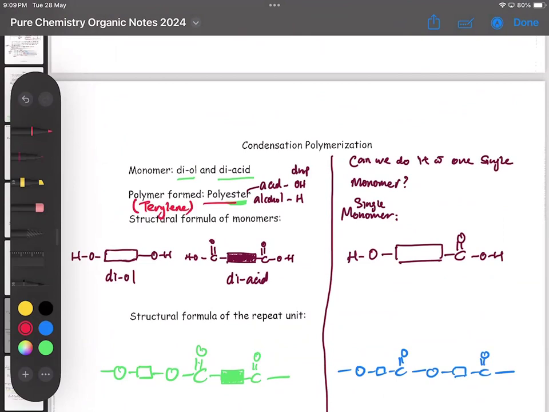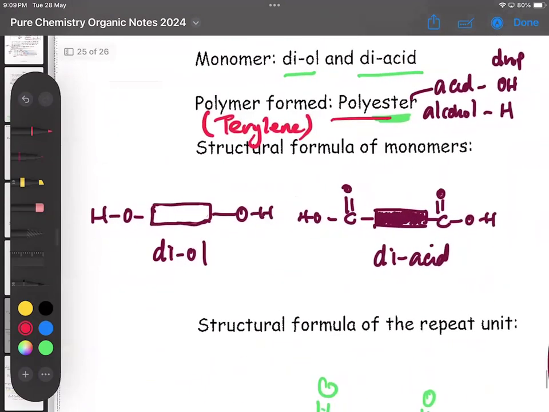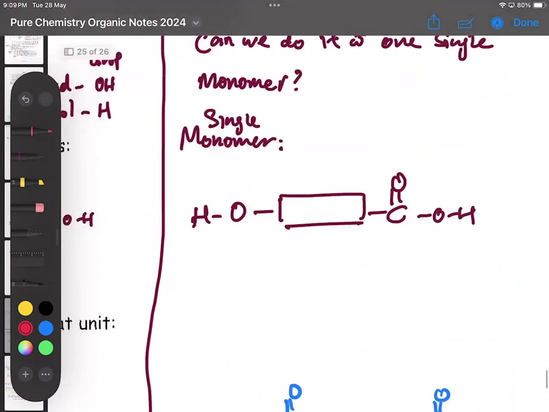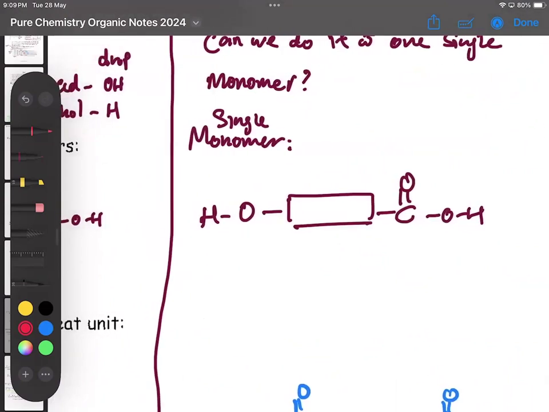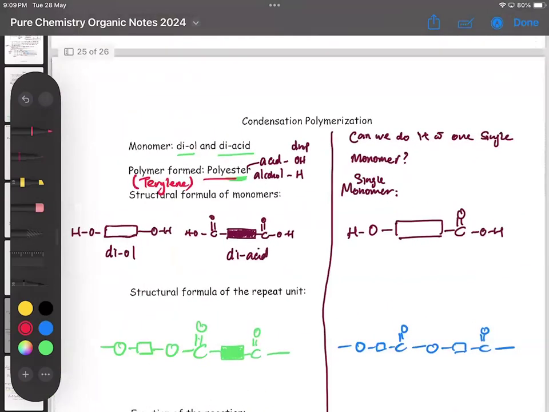Otherwise, we will have to use 2 different monomers with the 2 functional groups on each side so that they can connect in a long straight line. But if you do not want that, make sure the monomer has both groups that can react with itself. That's the thinking process. Got it? Yeah, thank you so much.